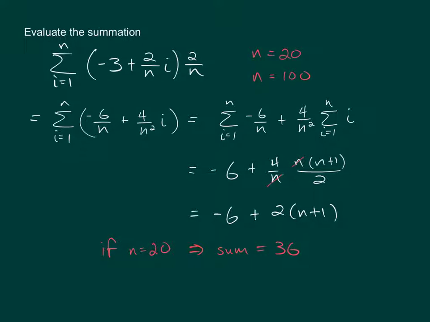Well, you don't have to worry about finding this sum all over again. We can just take this 100 and substitute it down here. And we can say if n equals 100, that means the sum equals 196.